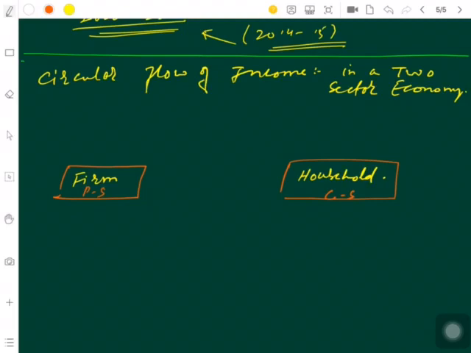Usually, household will provide factor services to the firms. What are factor services? We have discussed it many times. Exactly. Land, labor, capital, entrepreneur.